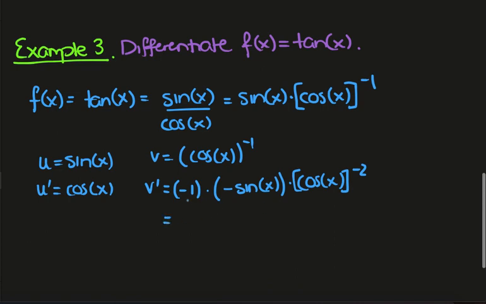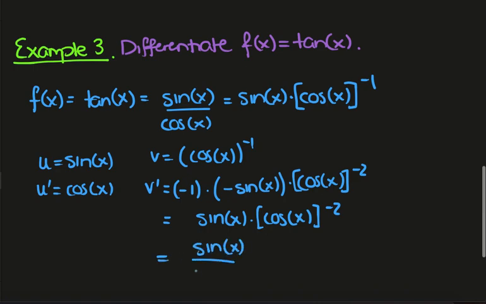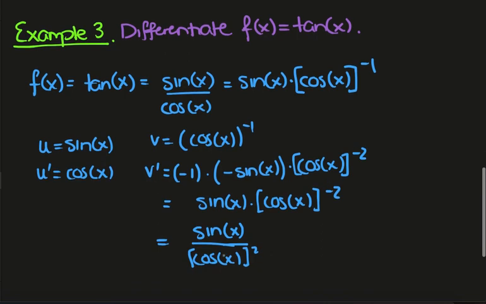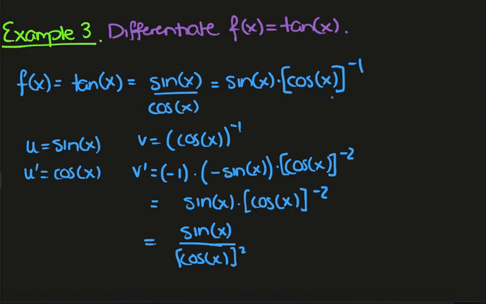So what we find is that we get sine x times cos x to the minus 2, and that's sine x divided by cos x all squared. We'll just leave it like that for the moment. You could also write this as tan times sec, but we won't do that yet because it might simplify.